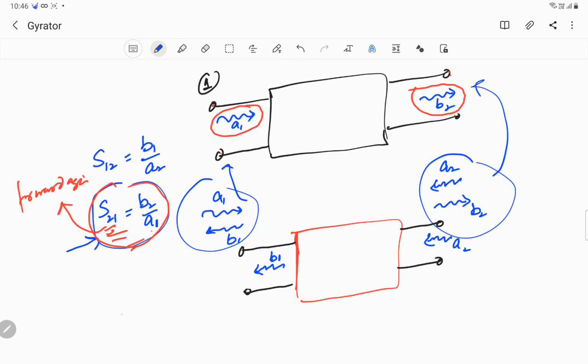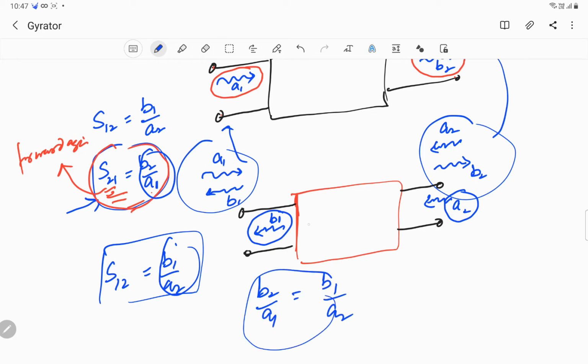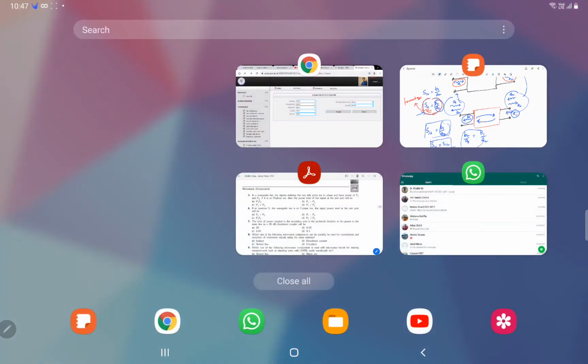So S12 in this case would be B1 by A2. If this ratio B2 by A1 is the same as B1 by A2, that means the forward gain and backward gain are equal. So S21 has to be the same as S12 for a reciprocal network.